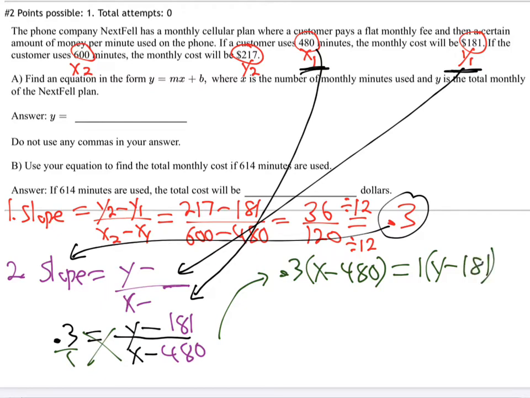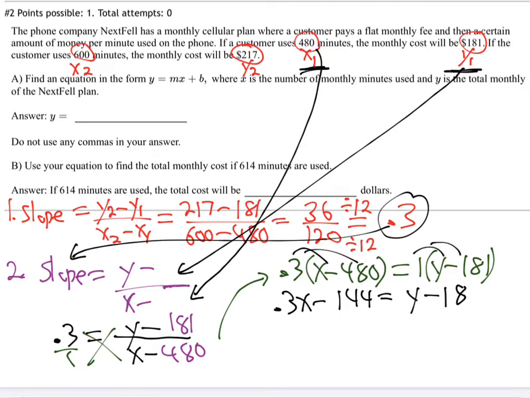Like that. And then we distribute. So boom, boom. So I'm going to get 0.3x. So what's 0.3 times 480? 144. Thank you. 144, and then 1 times y minus 181, which is y minus 181.